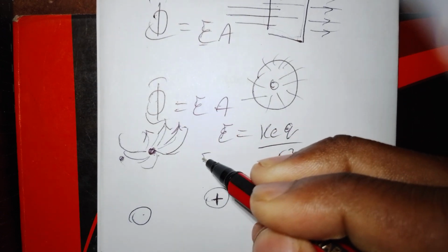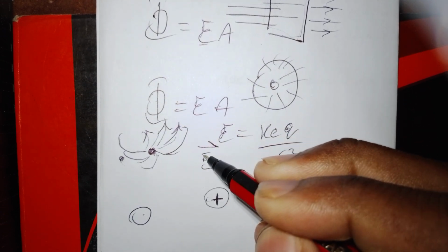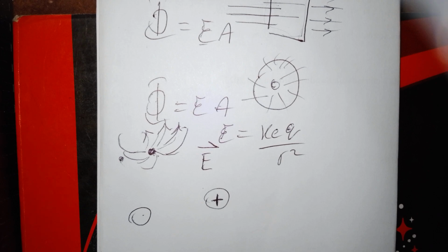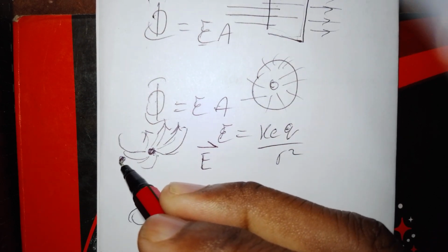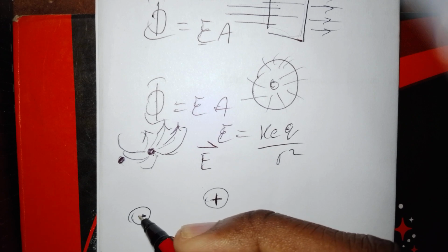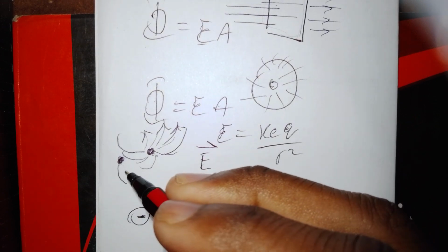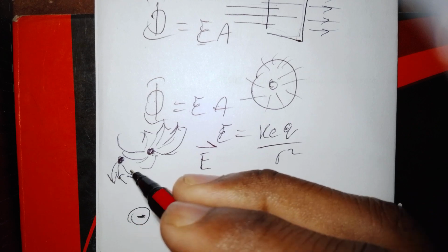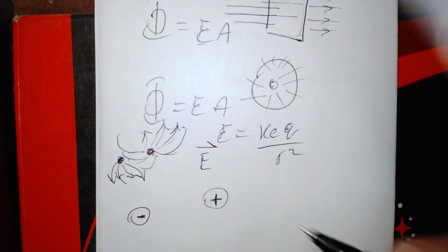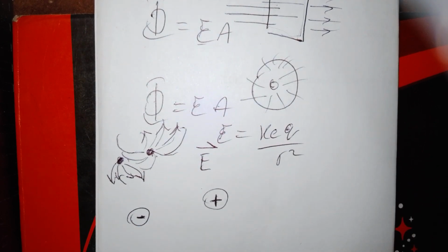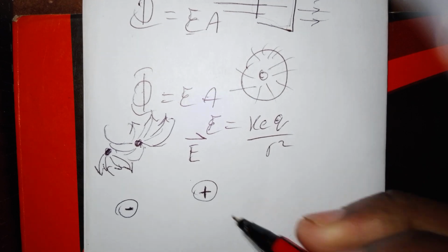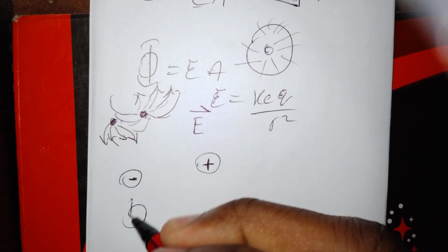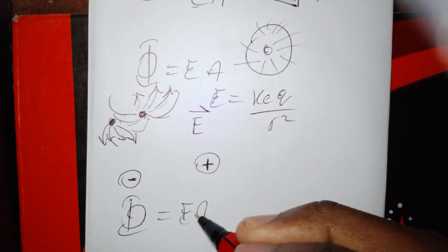That is why the electric field has this symbol at the top, to indicate the direction. But if this is a negative charge, the orientation of the field lines will be directed towards the negative charge. So the electric flux again is equal to E A.